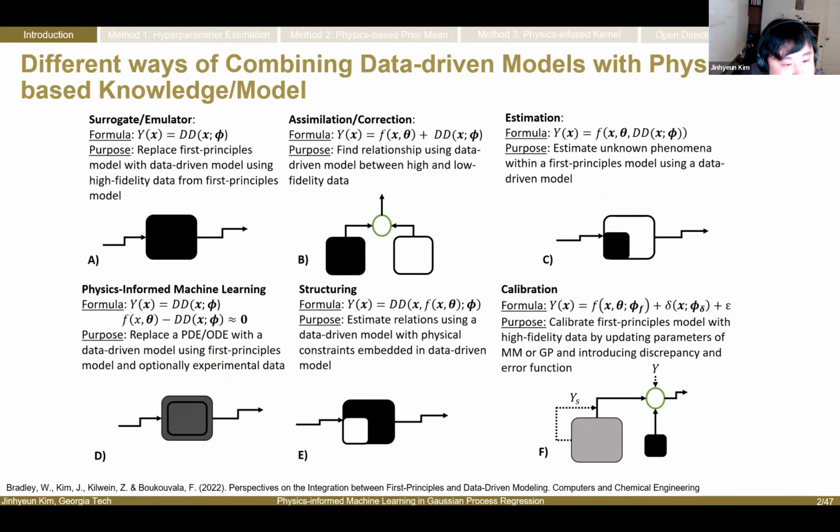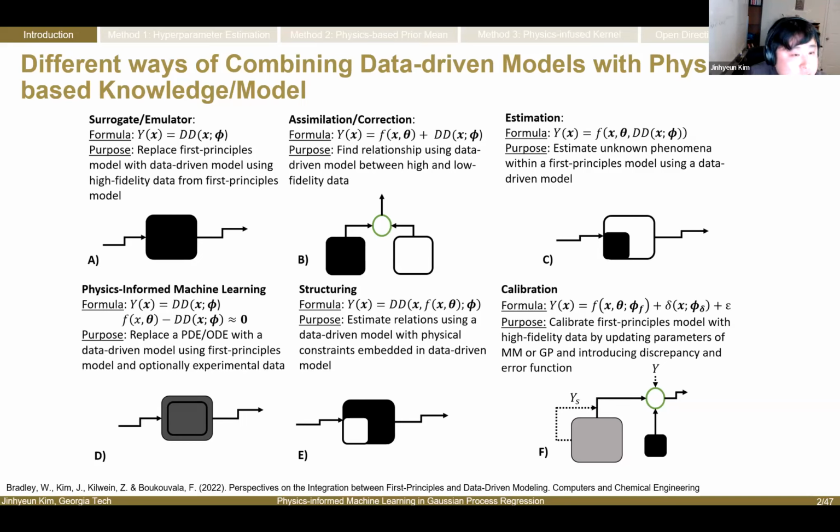In different fields, there have been active researches to combine data-driven models with physics-based models. For example, the popular one is to entirely replace the first principles model with a data-driven model. The other approach is to capture the discrepancy between the observed output and the physics-based output with a data-driven model, or a data-driven model can be used to estimate unknown phenomena within a first principles model.